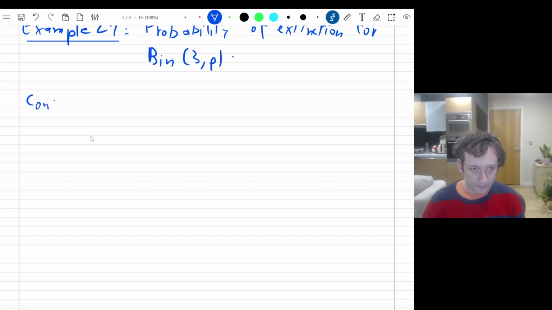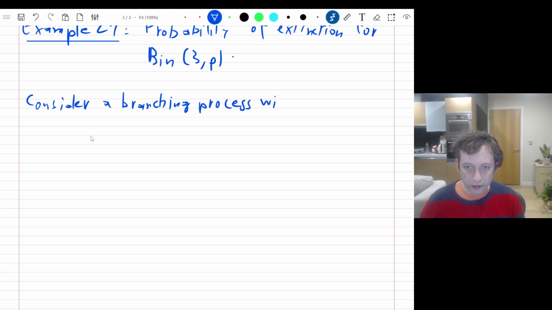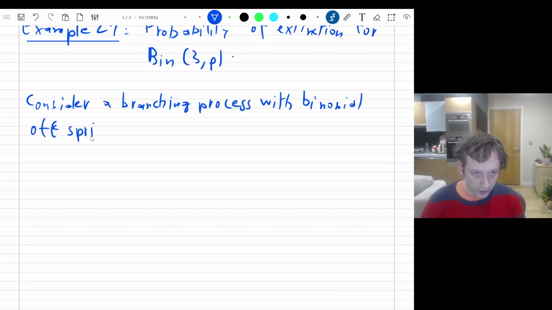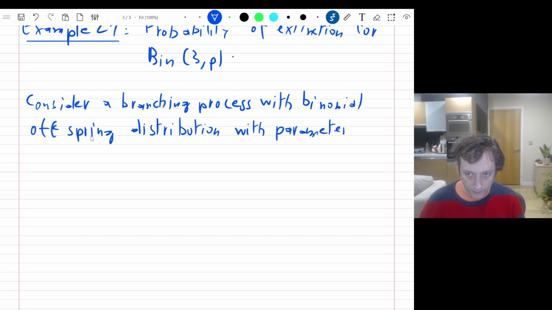So consider a branching process with binomial offspring distribution with parameters 3 and p, where p is just a number between 0 and 1, of course.